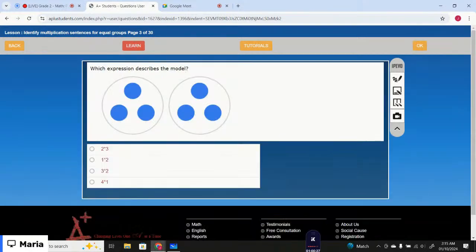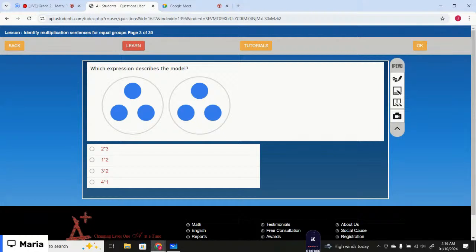Which expression describes the model? Which is the correct option? That is 2 times 3.